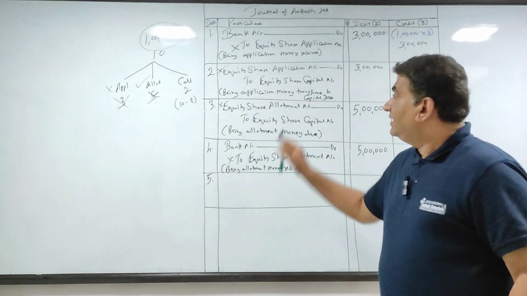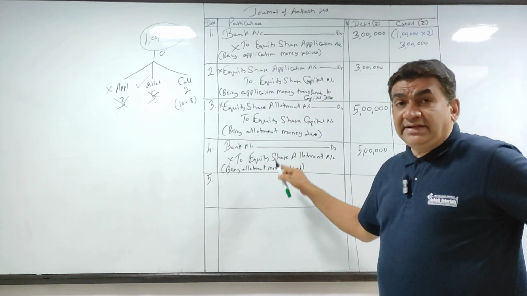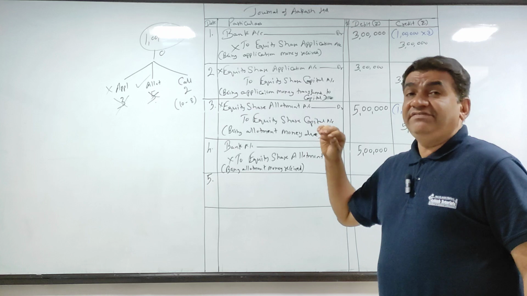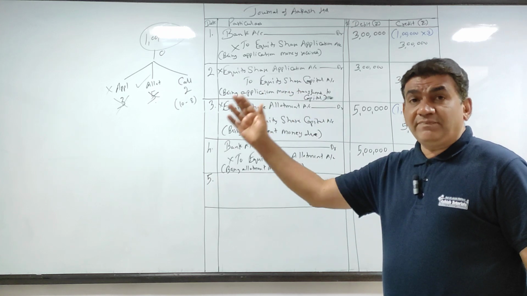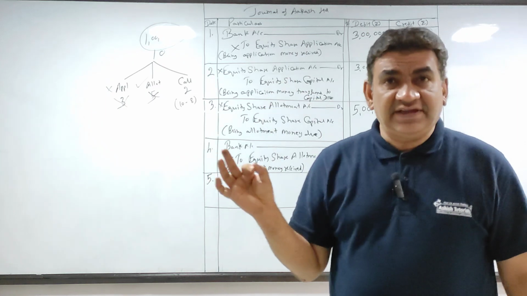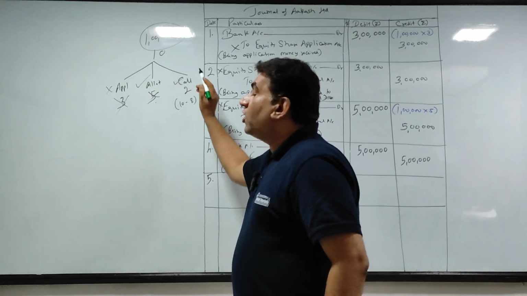Again the same thing. In application, money comes first; here a reminder had to be given. Now listen, what did I do in entry number 3? I gave the shareholders a reminder for paying their allotment money. Exactly the same way, I will give them a reminder to pay their call.